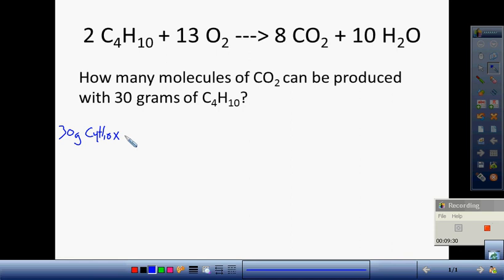I don't want grams of this stuff. Okay, the only thing I can change grams to is moles. There's 1 mole in the fraction, so I'm going to use 1. My grams, well, let's write out the formula.